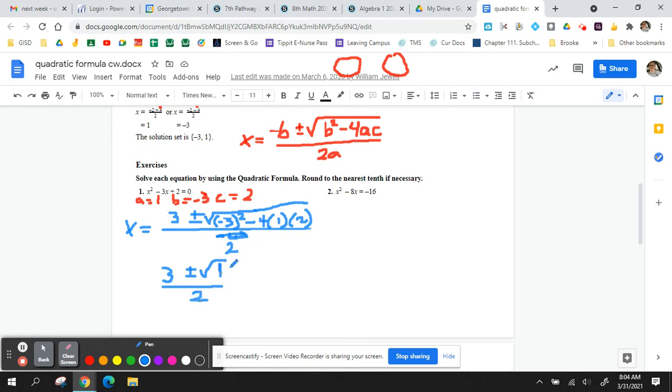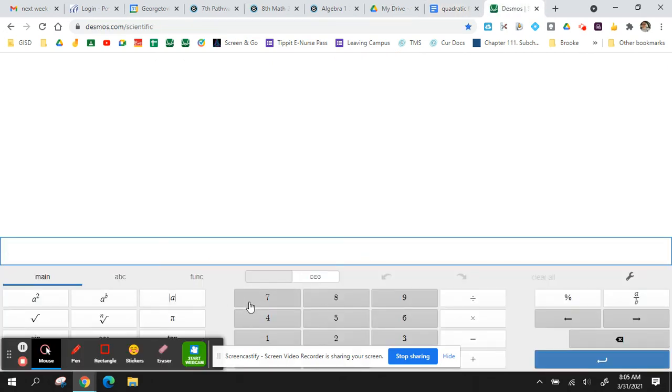Now the square root of 1, if you do that in your calculator, we're actually just going to leave it as square root of 1 because it gives you a nice long decimal. So what do we get for our answers? Let me go to Desmos. Okay, so we're going to scooch over here to Desmos, and we have 3 plus the square root of 1, and we're going to divide it by 2.